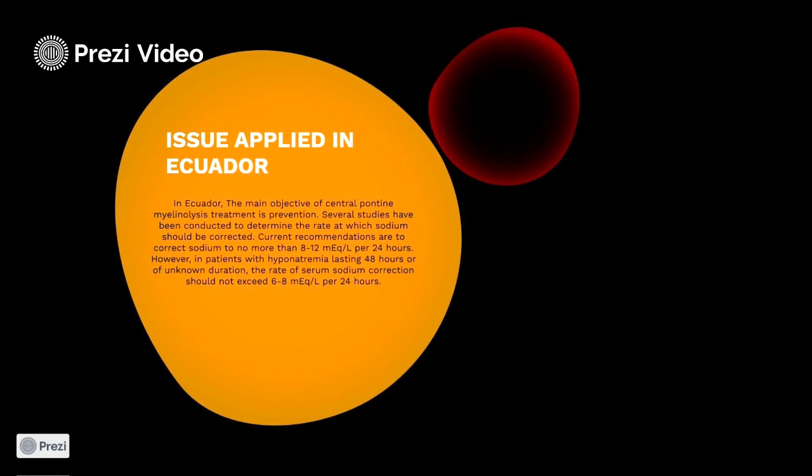Issues applicable in Ecuador. The main objective regarding central pontine myelinolysis is treatment and prevention. Several studies have been conducted to determine the rate at which sodium should be corrected. Recommendations are to correct sodium by not more than 8 to 12 mEq per liter per 24 hours.